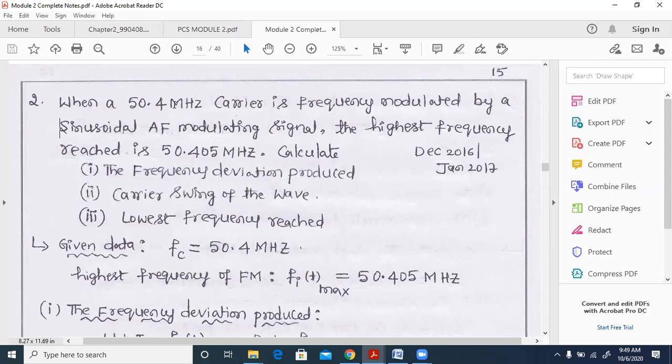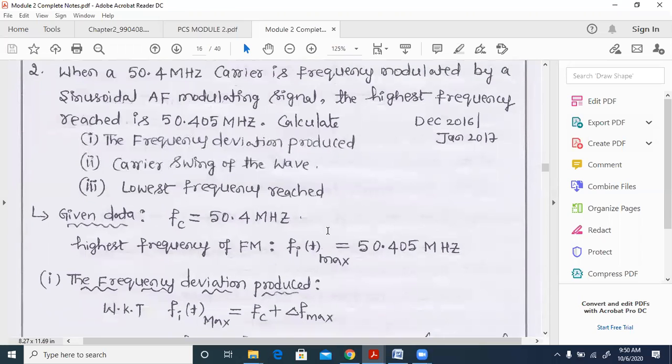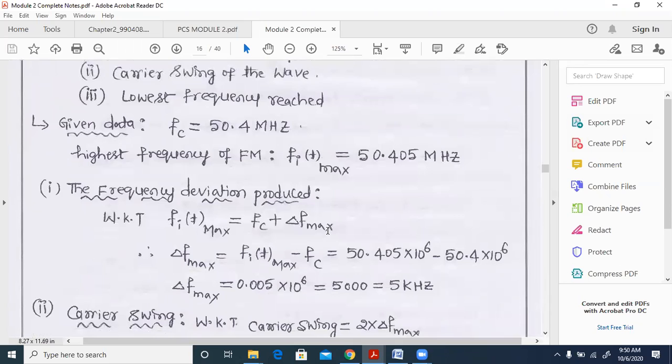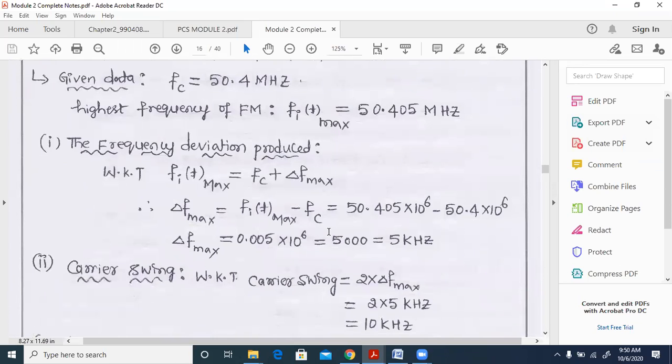Lowest frequency reached: this is the highest frequency reached, and this minus this will give you the deviation. Naturally this minus the 5 kilohertz will give us the value 50.395 megahertz. So that's what we have calculated here.